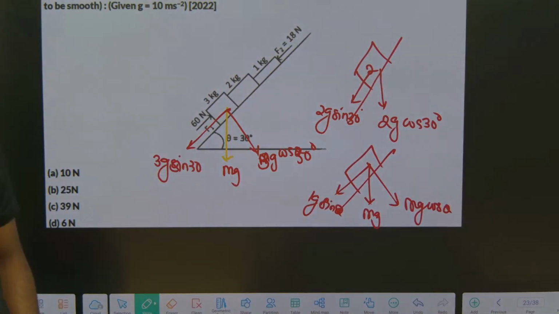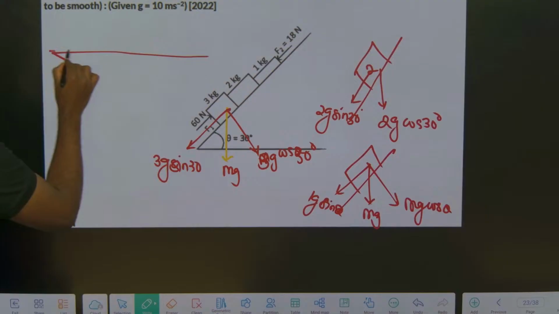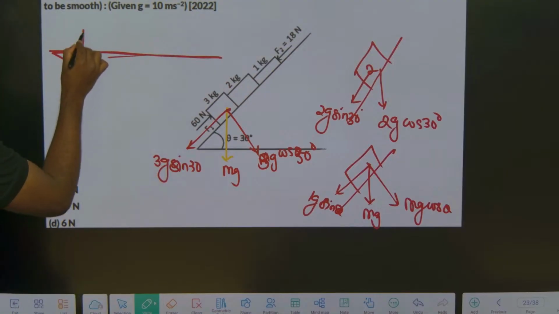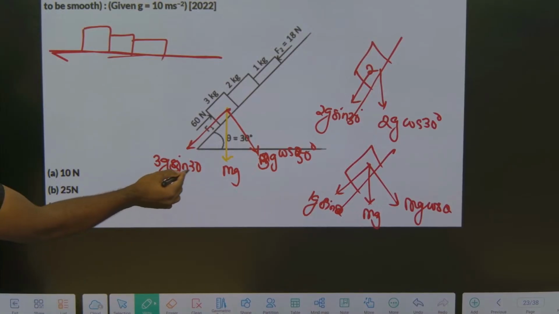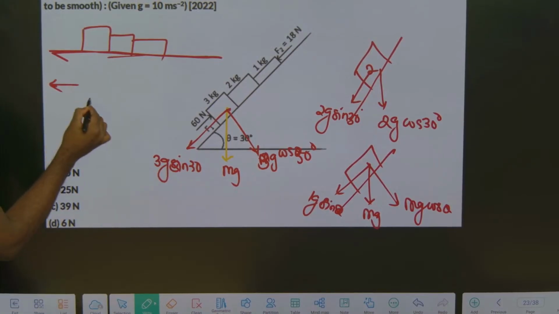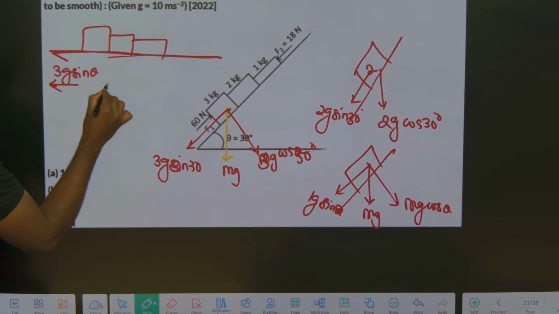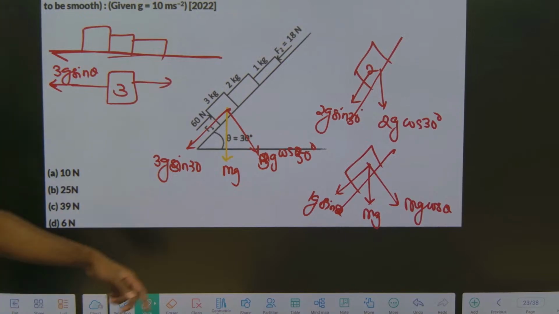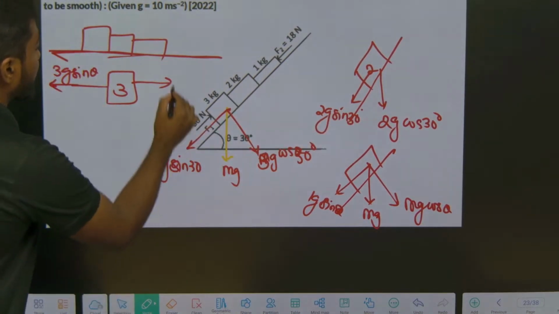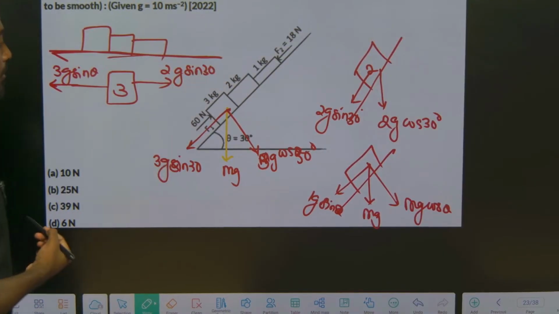So now I can equate it easily. If I consider the blocks in a straight plane, 3 kg, 2 kg and 1 kg, 3g sin theta, this is for block 3, should be equal to 2g sin theta, that is sin 30.